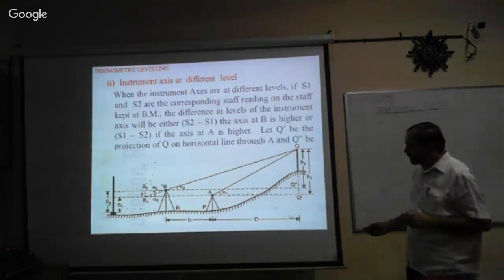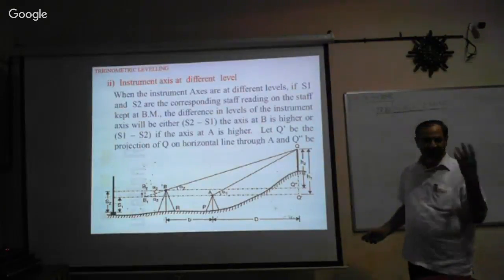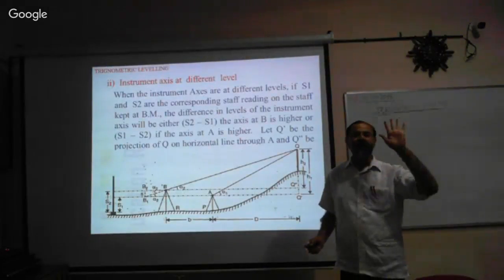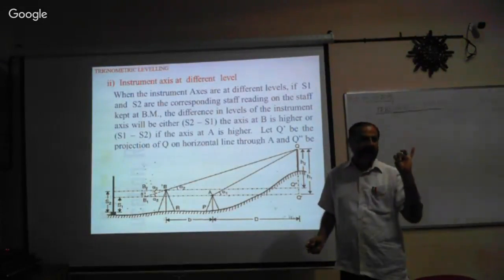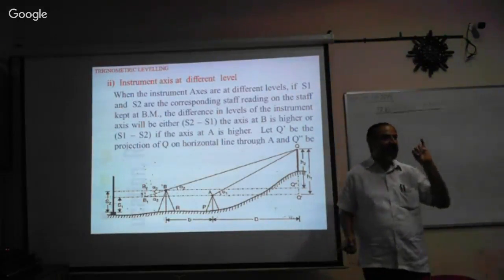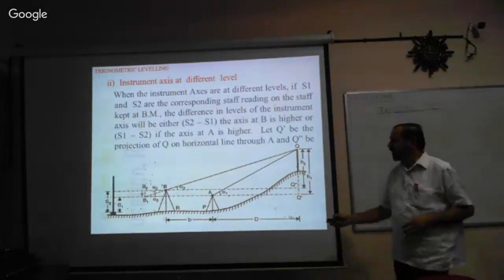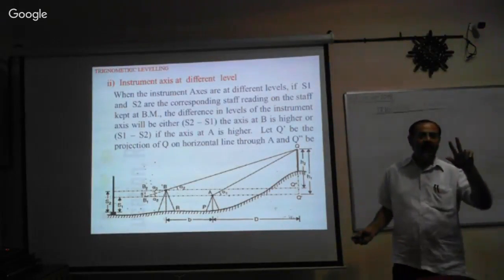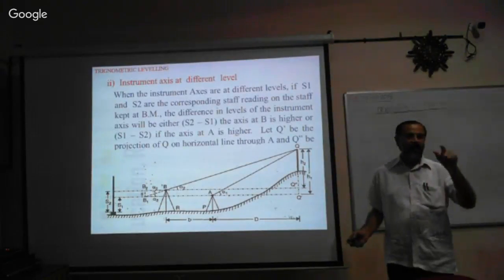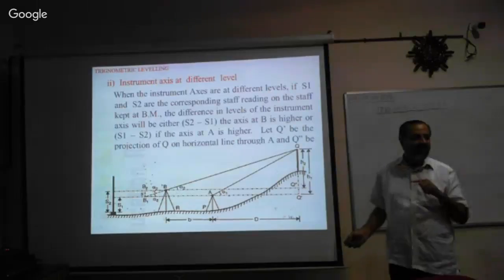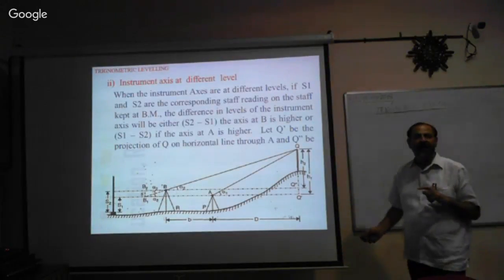Now in the previous case, when both the instrument axes are at the same level, we had 4 data: alpha 1, alpha 2, S and B. Here, how many data do we have now?